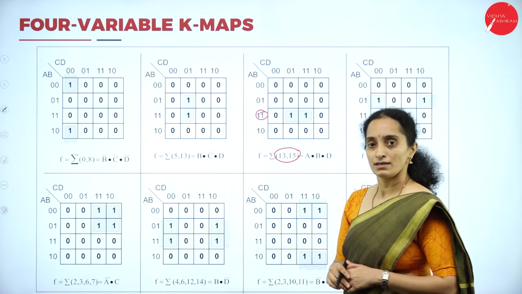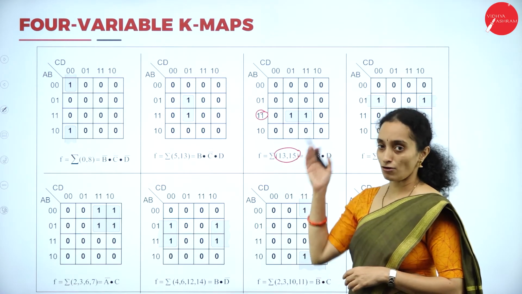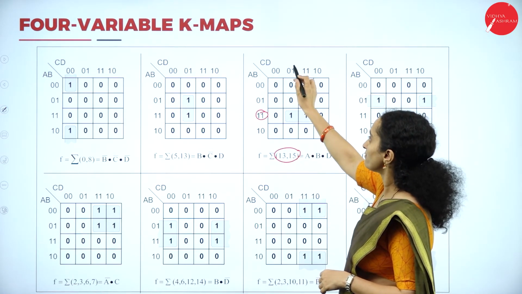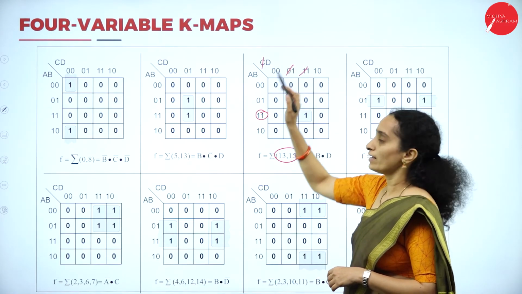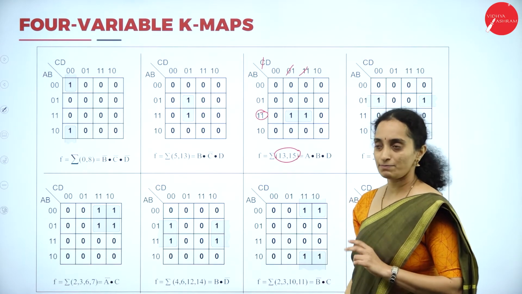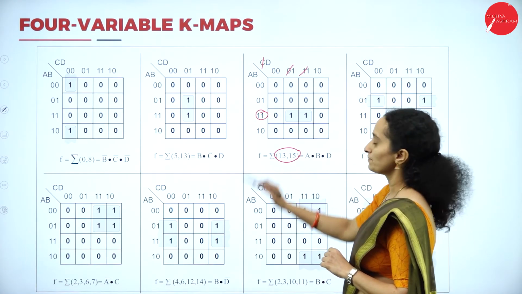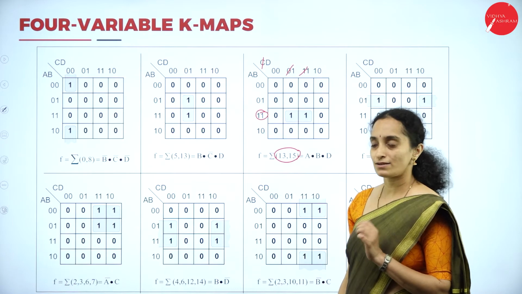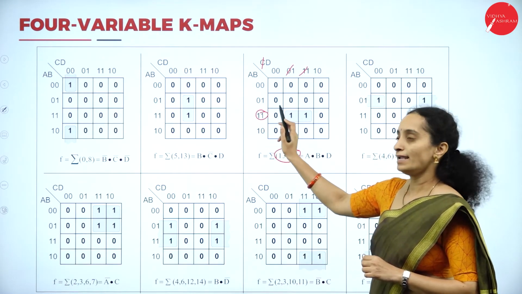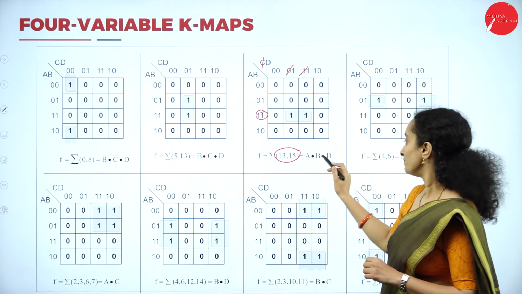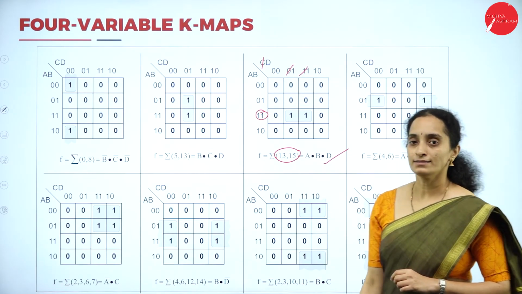It will be A and B in non-complement form. Now, C is changing the value, state. C will be cancelled. Only D remains in non-complement form. The final expression is A into B into D. This is the third example.